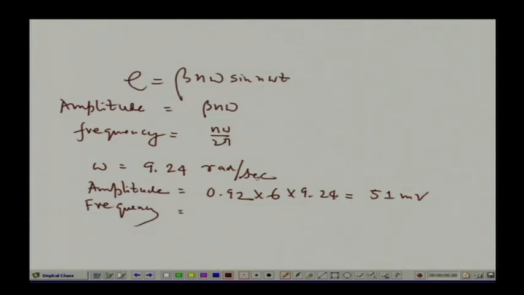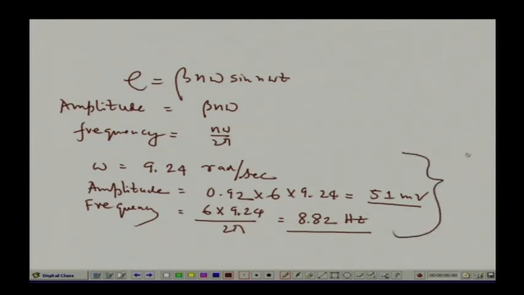This is in milliweber, so this should be in millivolts. The frequency will be 6 into 9.24 by 2 pi, this will be equal to 8.82 hertz. So, this is the amplitude, this is the frequency, and this is for the minimum flow.